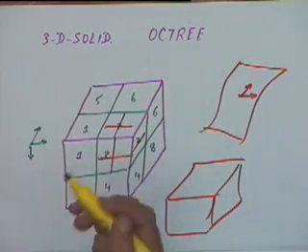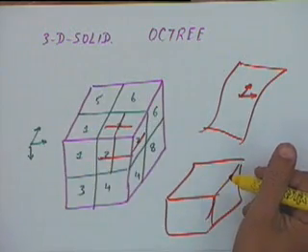Each of these representations, whether it is BREP, pure CSG or octree, is helpful in some situations and the other is helpful in other situations. Quite often one keeps switching from one to the other. You have algorithms available for getting the octree representation of a BREP model, or an octree representation from a CSG model of simple primitives, and the other way around.